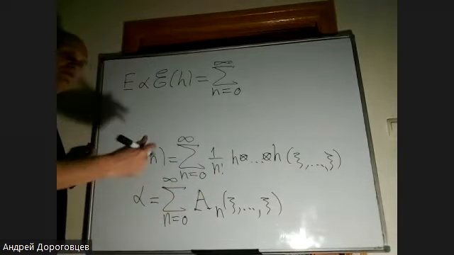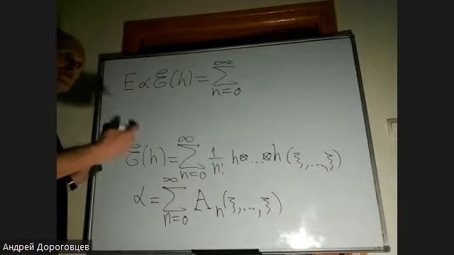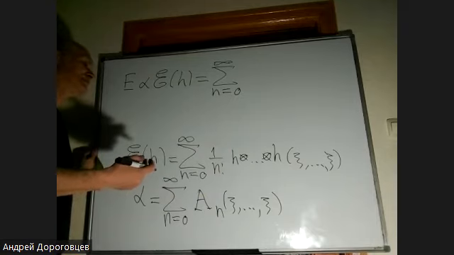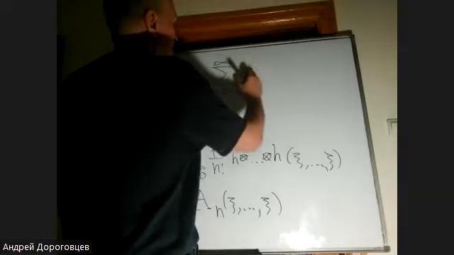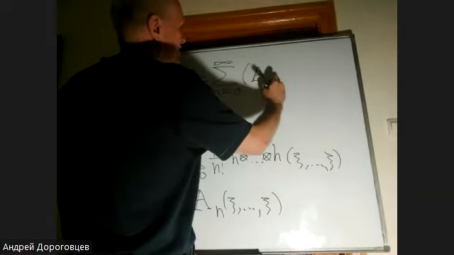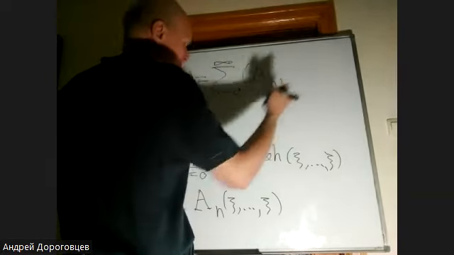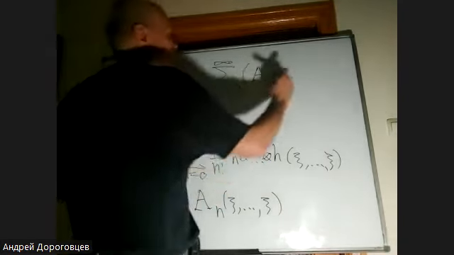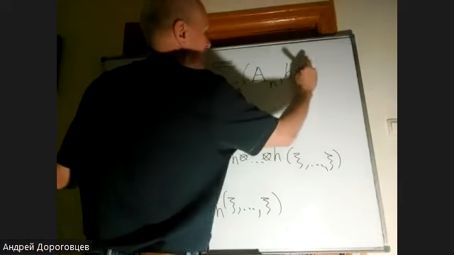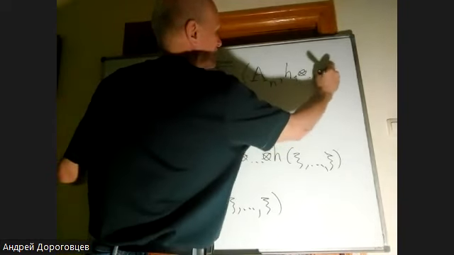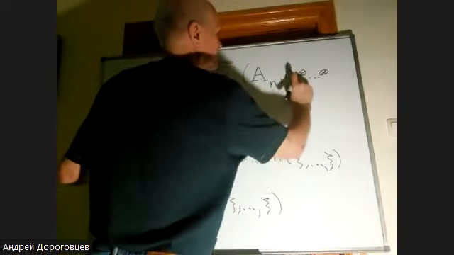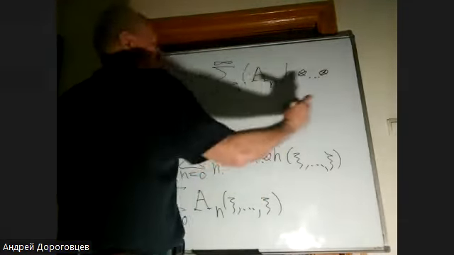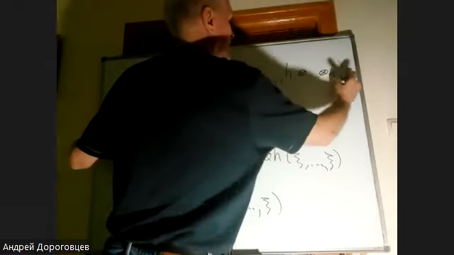The n factorial will be cancelled because of the formula for expectation. And what we have here is the product in the space of symmetric n-linear forms, alpha_n and h tensor n.